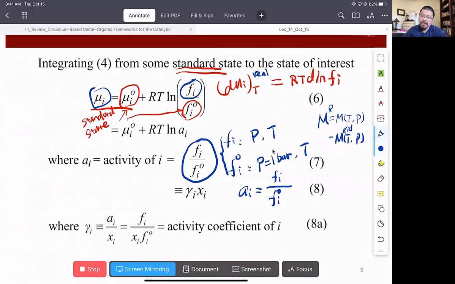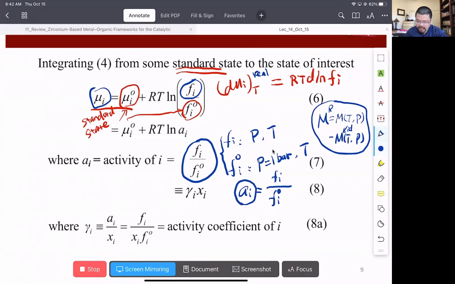This is the same type of logical flow. We try to see what would be the deviation. So by defining this activity, we try to understand the same thing. If a i is very close to 1, then we understand this is quite close to the standard state, where if this is a liquid phase, we can assume this is the ideal solution. If this is a gas, then we can assume this is the ideal gas, all coming out of the standard state understanding.